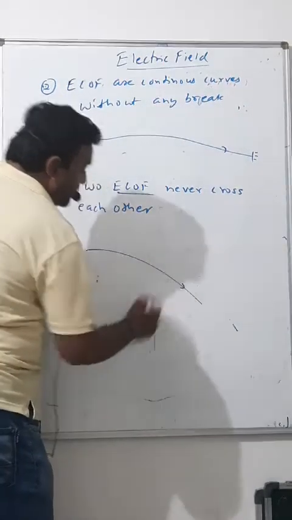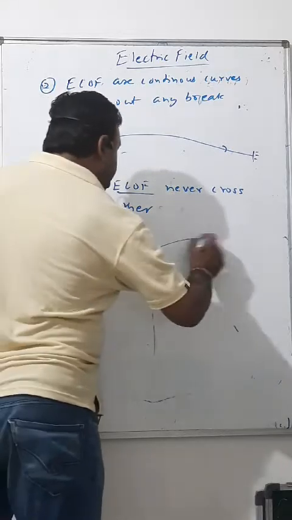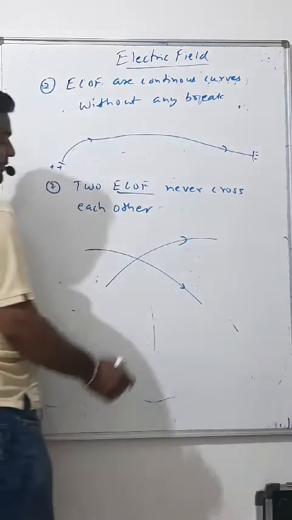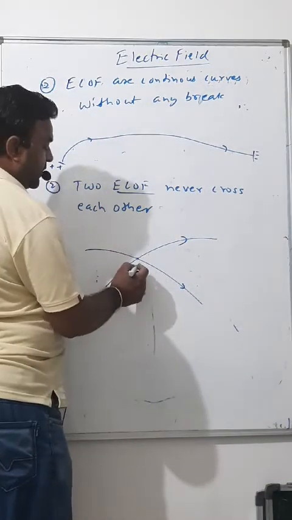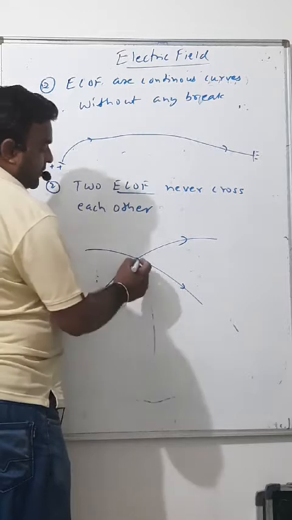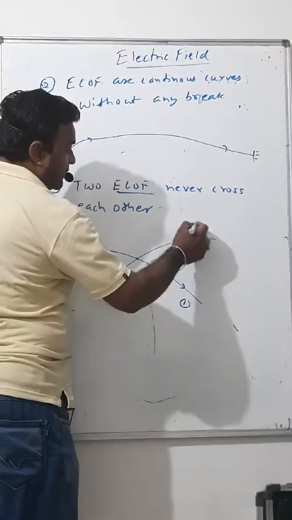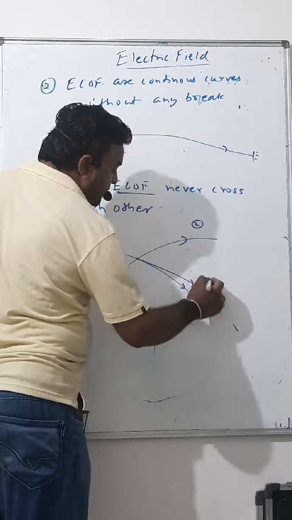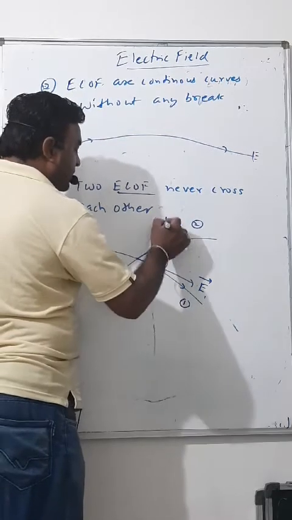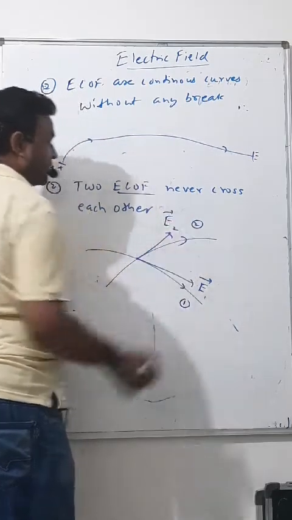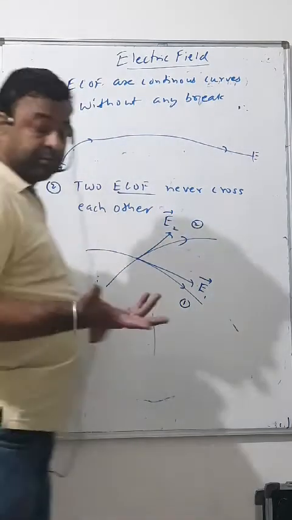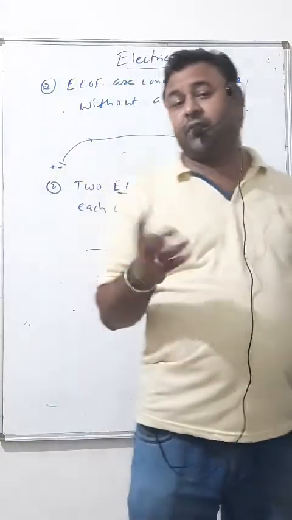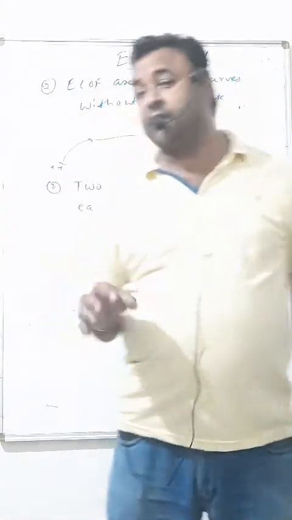Suppose there are two lines intersecting each other at this point. This is line 1, this is line 2. Line 1 says this is E1 and line 2 says this is E2, which is impossible. At a single point, we can't have two directions of electric lines of force.